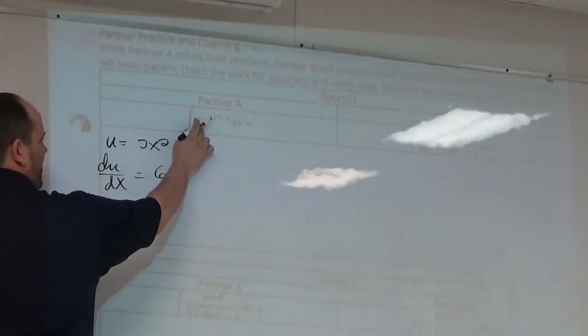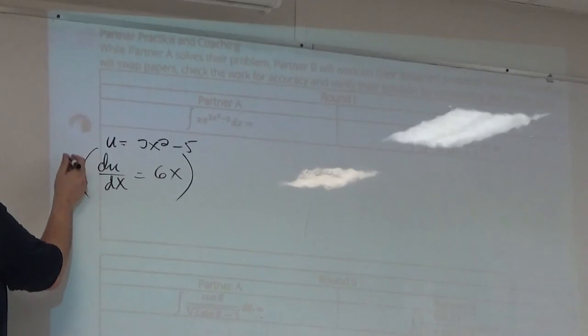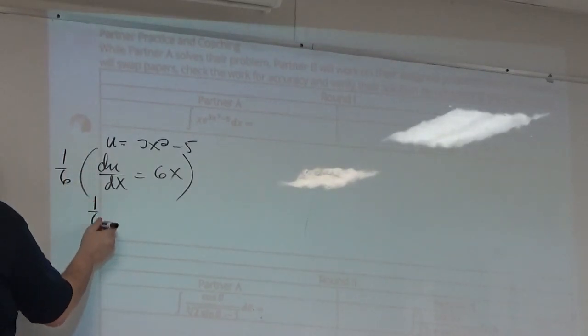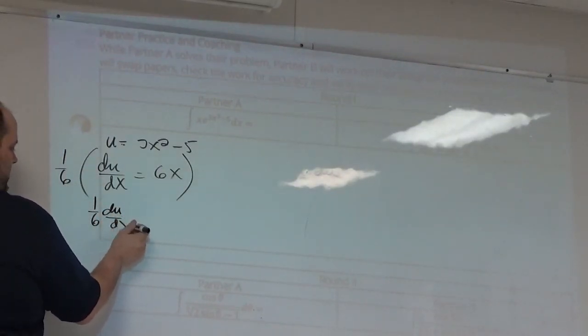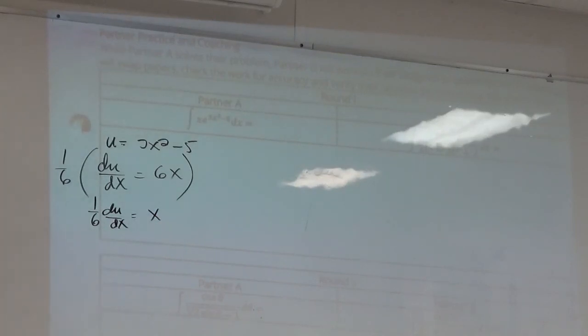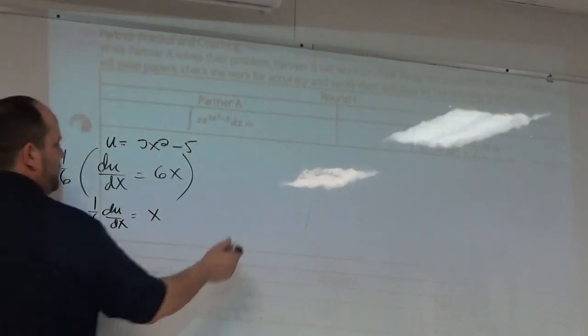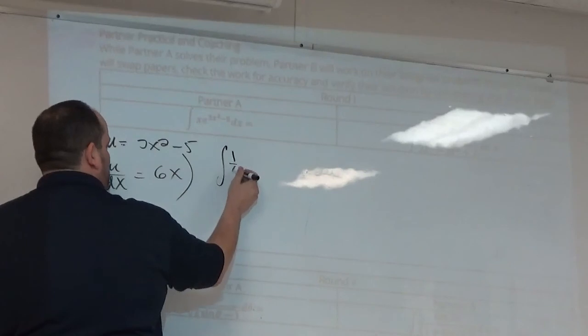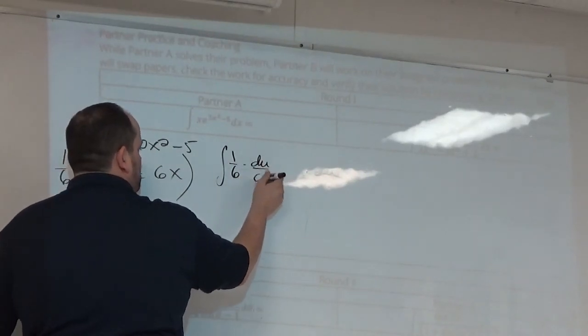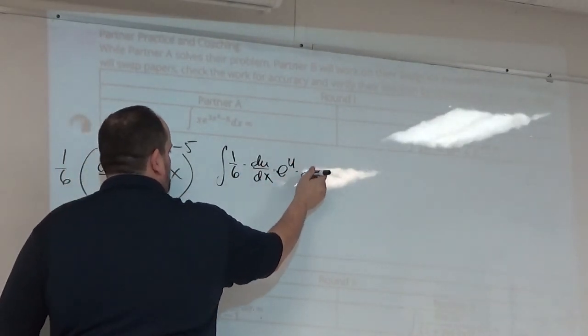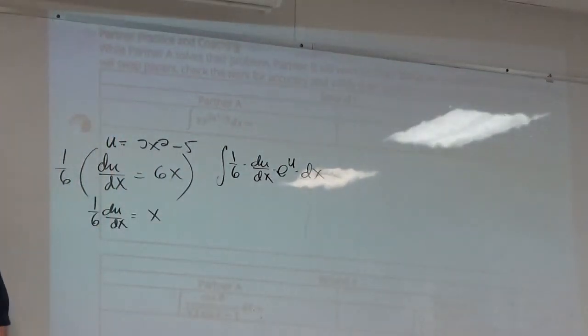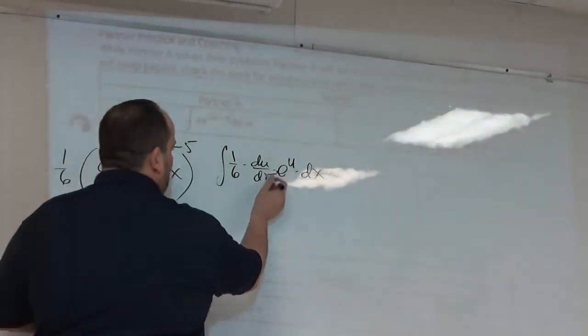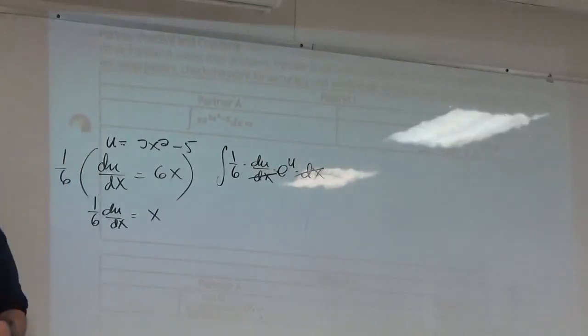But you only have x up here, so I would either say divide by 6 or multiply by 1/6. So you get 1/6 du dx is equal to x. When you do the rewrite, x is 1/6 du dx. We've got e to the u, and we've got the dx. And you know that everything's gone well because the dx's are going to cancel out.